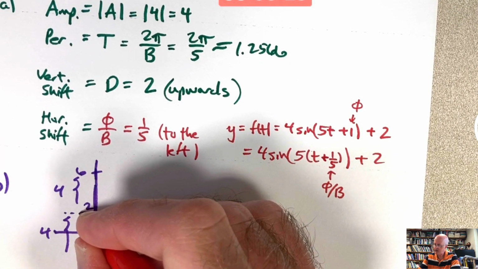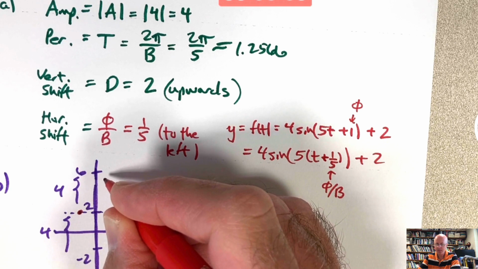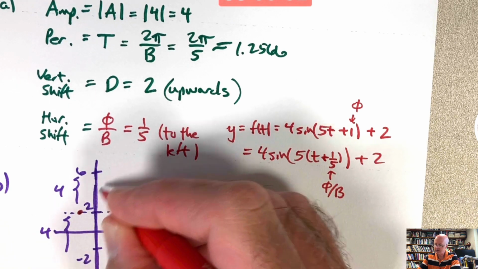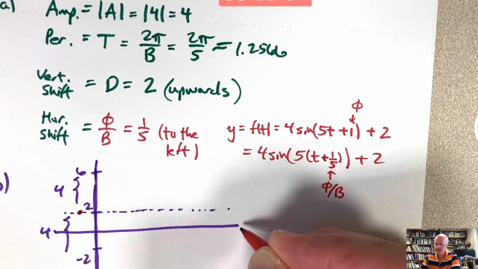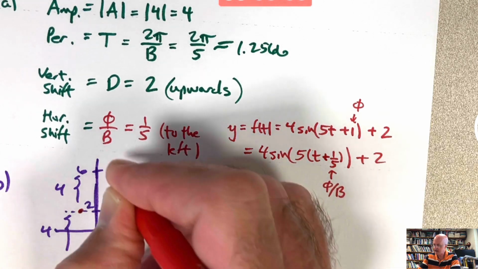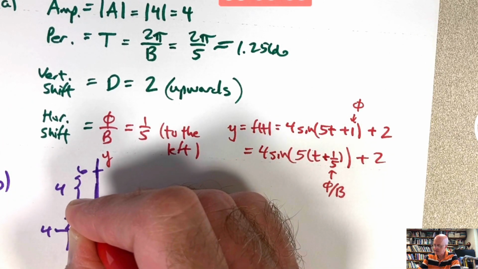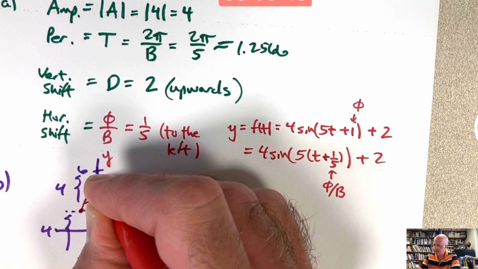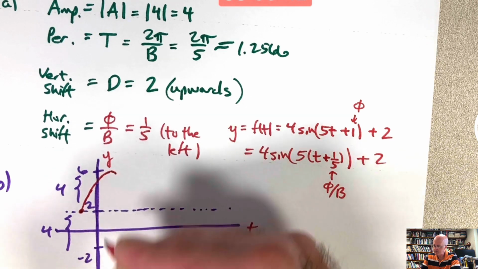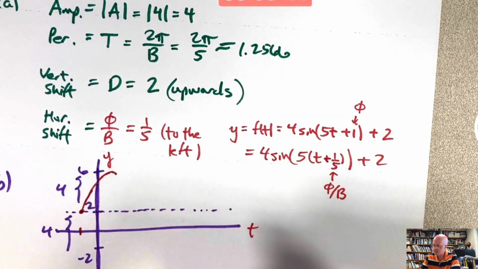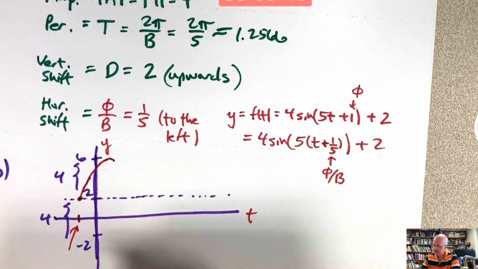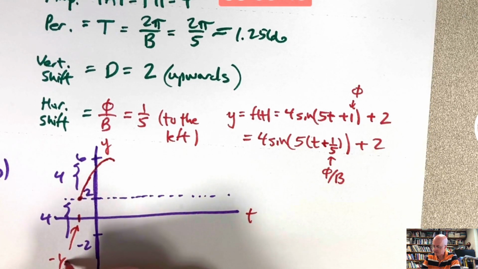So if I start here at the midline and go up, the maximum value is going to be to the right of t equals 0. This is the t-axis, this is the y-axis. So the graph is going to look something about like this before coming down again, and this is going to be negative 1/5 right there, negative 0.2.